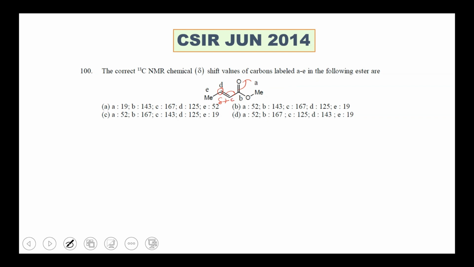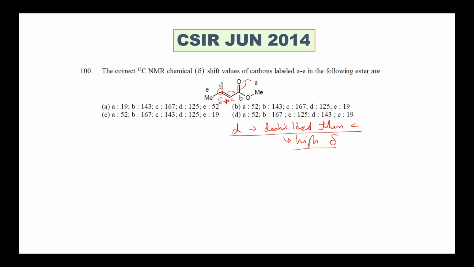D carbon will be electron deficient compared to C. So D is de-shielded compared to C. De-shielded means high delta value. So D should have a higher delta value than C. So here C is 143, D is 125, it's wrong. D is 143, C is 125 is right. So option D is the right answer.